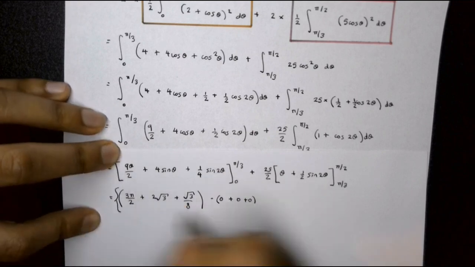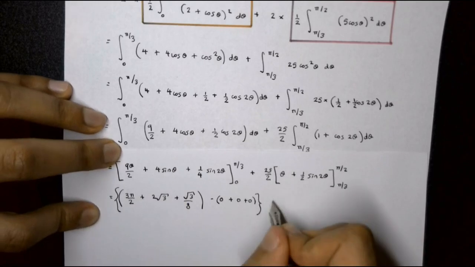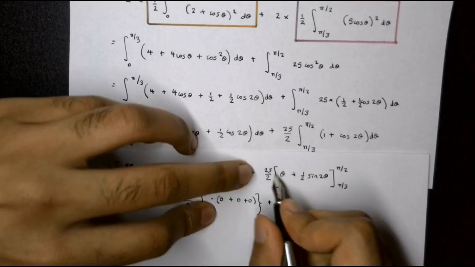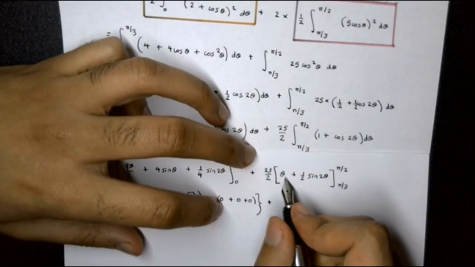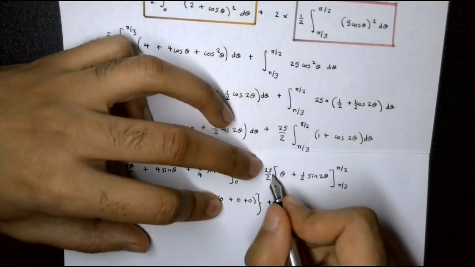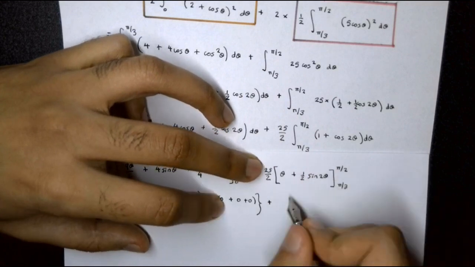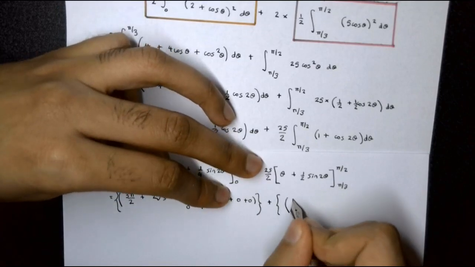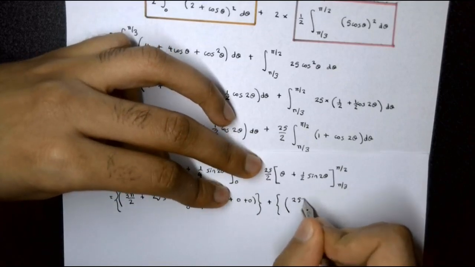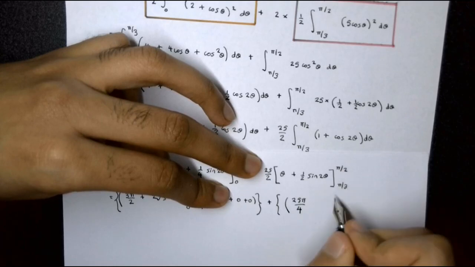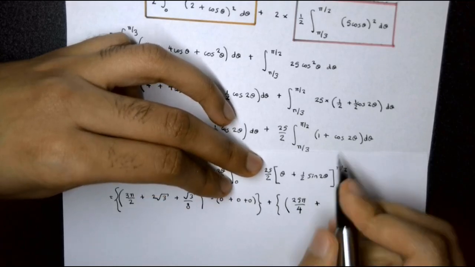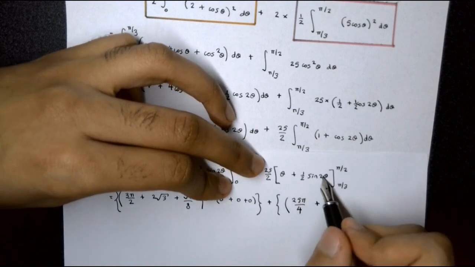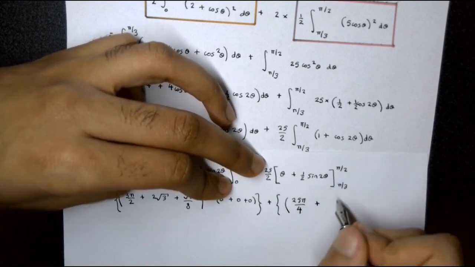So what I've just done over here is work out the upper limit, and then for the other one, if I multiply the 25 over 2 into the bracket as well, we've got 25 over 2 times by pi over 2, so here we get 25 pi over 4 plus, well, half times by sine of pi, because we've got 2 times by pi over 2, that's just 0.